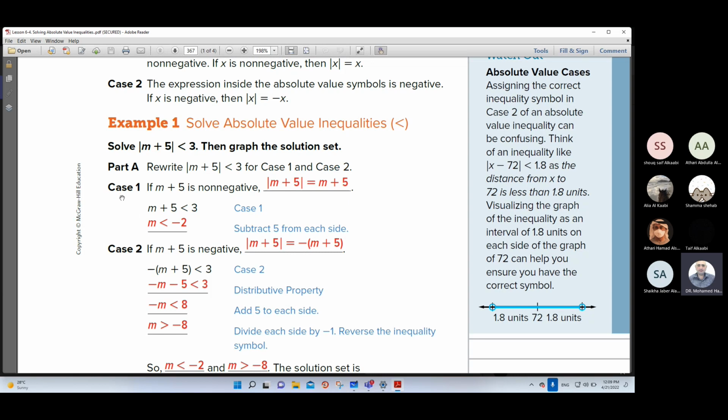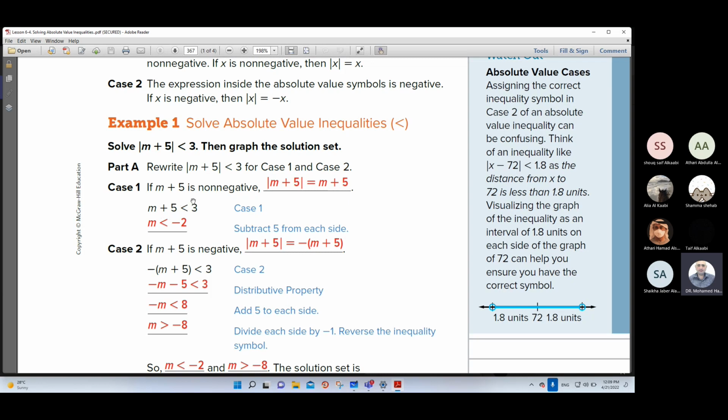The first case, the non-negative case, means the absolute value of m plus 5 will be the same value, m plus 5. So we can write the inequality m plus 5 less than 3.